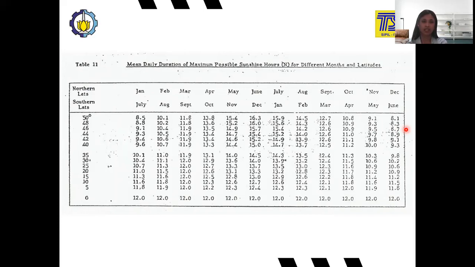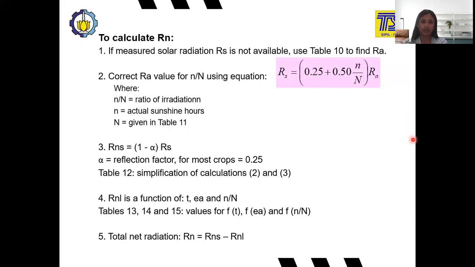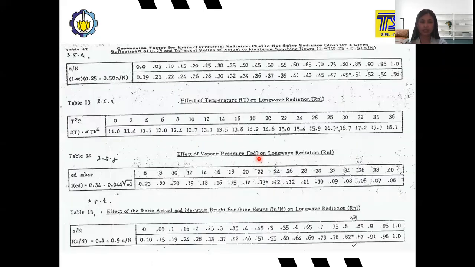or sometimes less because of the climate. And here we can calculate this RS using this equation, and then we calculate the RNS after we know the RS, and here we have alpha. For most crops we usually use 0.25, and we can also use table number 12 to simplify the calculation so that we don't have to calculate it.